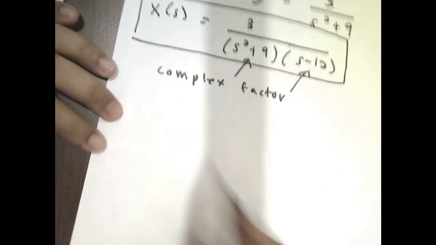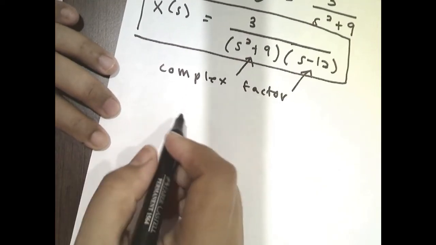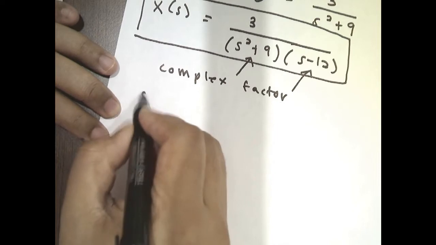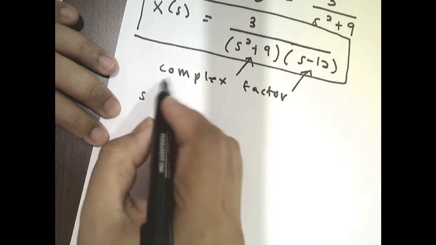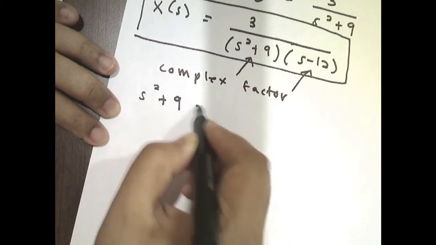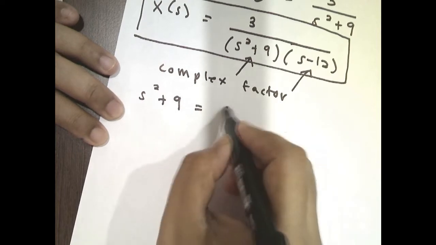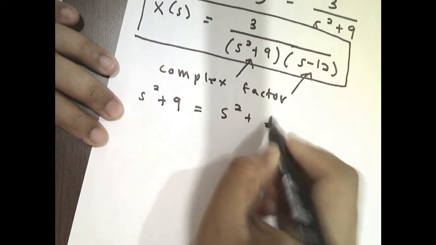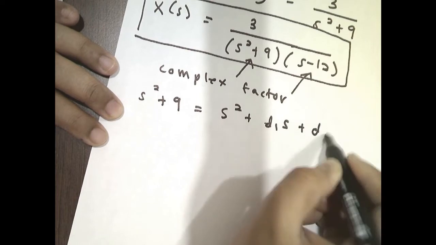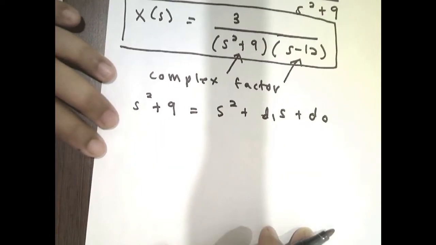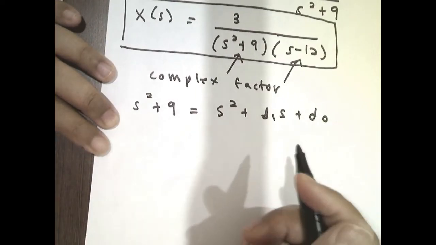By referring to the complex factor equation, basically we have s squared plus 9 matched with s squared plus d1 s plus d naught. You can refer to the lecture note.